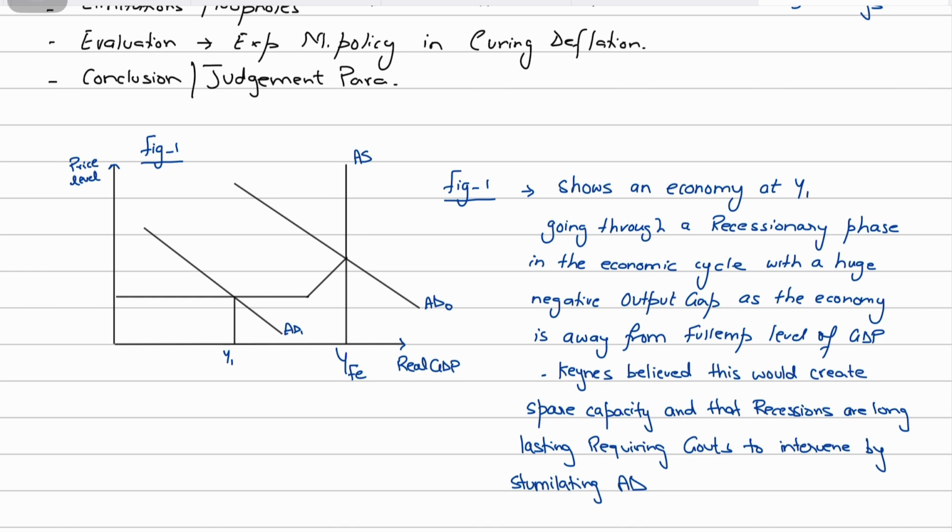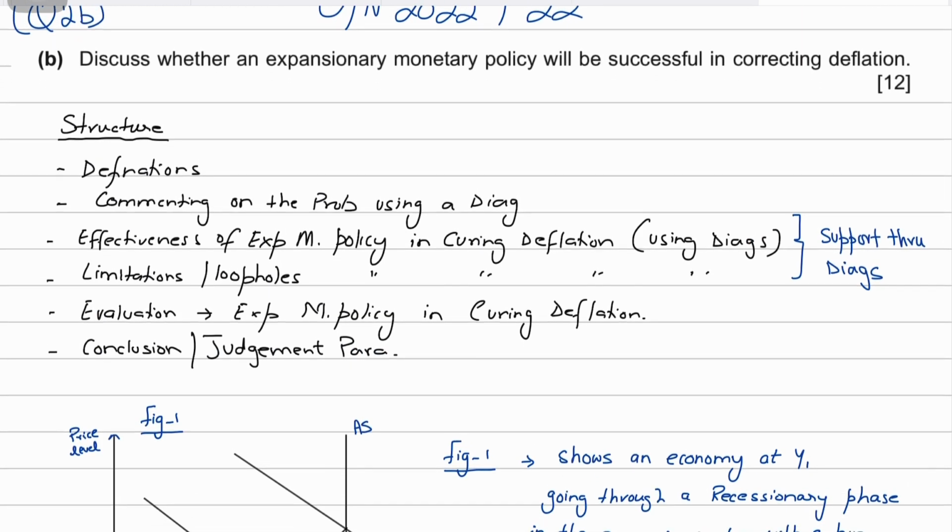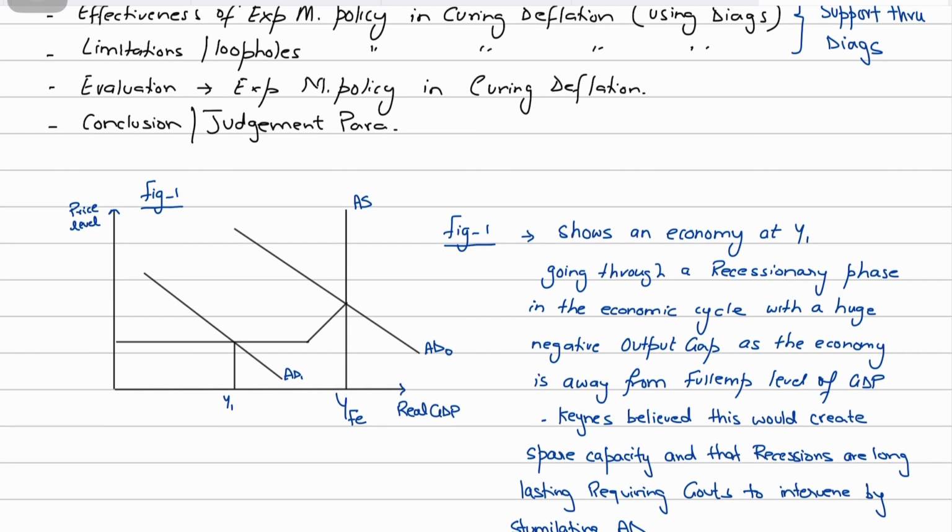And when central banks intervene to combat recessions, since the question is also asking how expansionary policy would correct deflation, the reason is that deflation is primarily a symptom or a side effect of a recession.